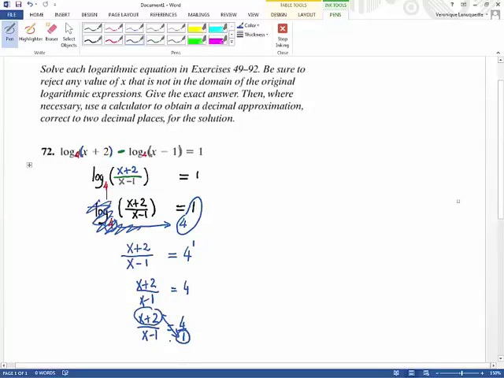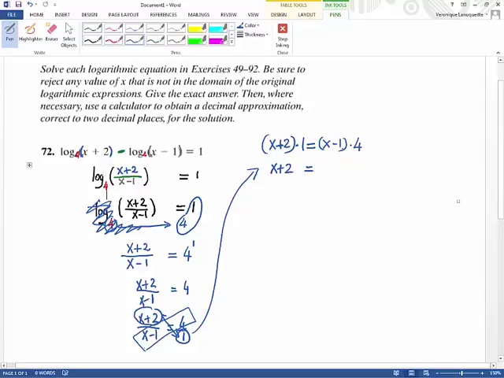So we will have x plus 2 times 1, and let me do that over here. We have x plus 2 times 1 is equal to the product of those two, which is x minus 1 times 4.